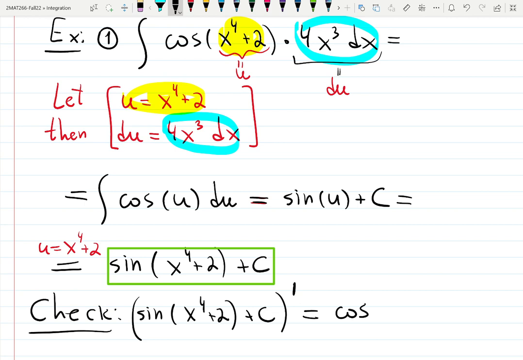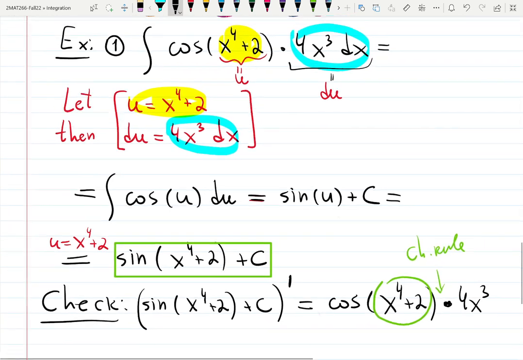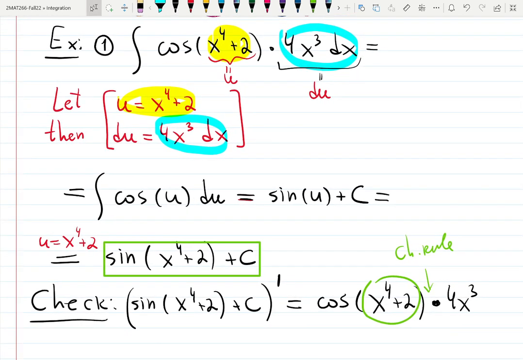Derivative of sine is cosine. Copy the function inside. Times. Chain rule steps in. Chain rule says look inside and differentiate the function inside. That is 4x cubed. Plus c gives you plus 0. This is exactly what we had inside of the integral.